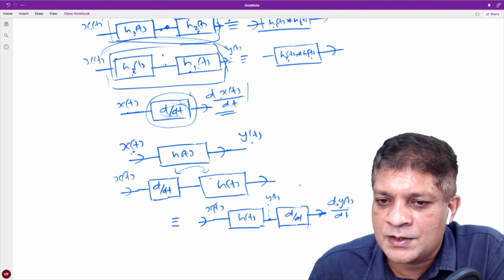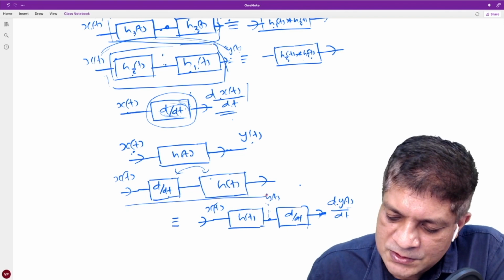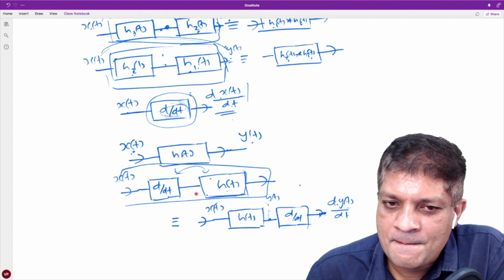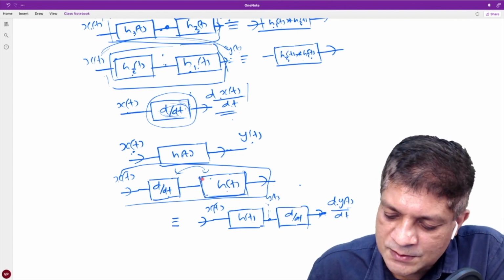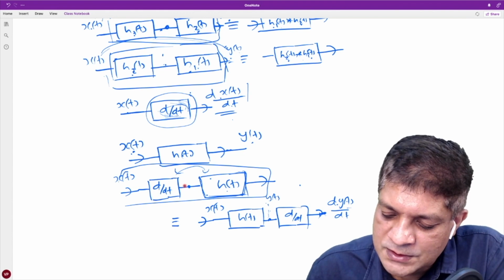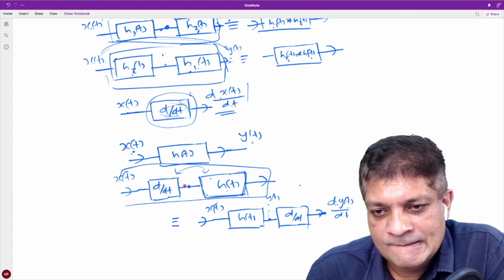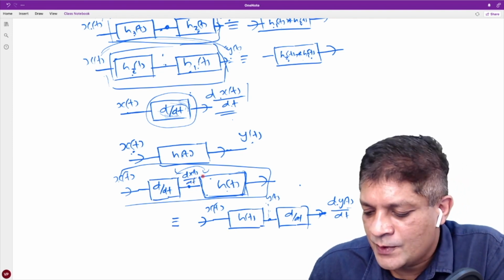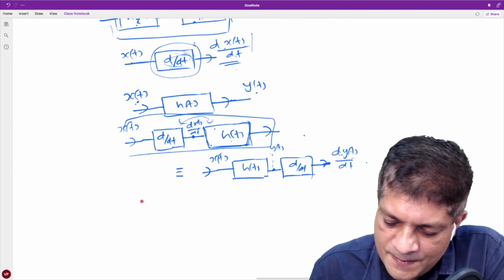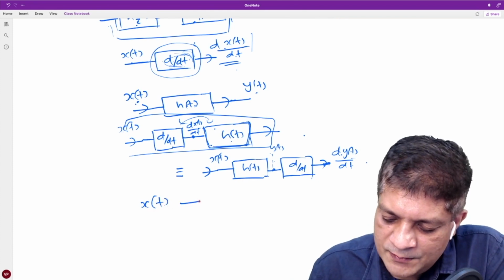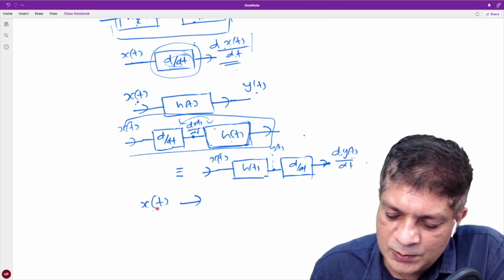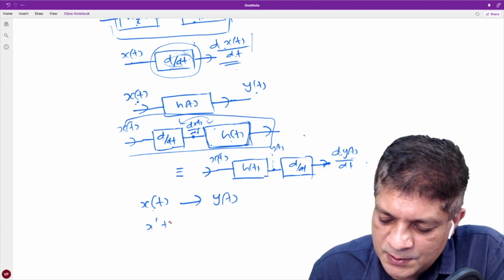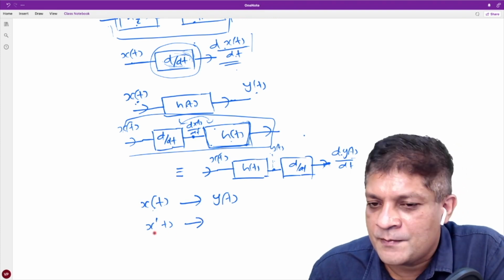Now what is the input to the linear time invariant system here? It is dx/dt, the derivative of x(t). So can we say that if we have a linear time invariant system and the output corresponding to x(t) is y(t), then what is the output corresponding to the derivative of that?